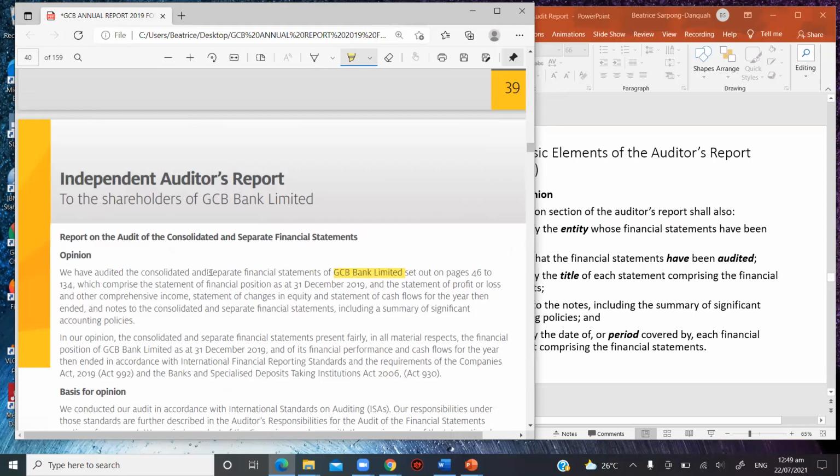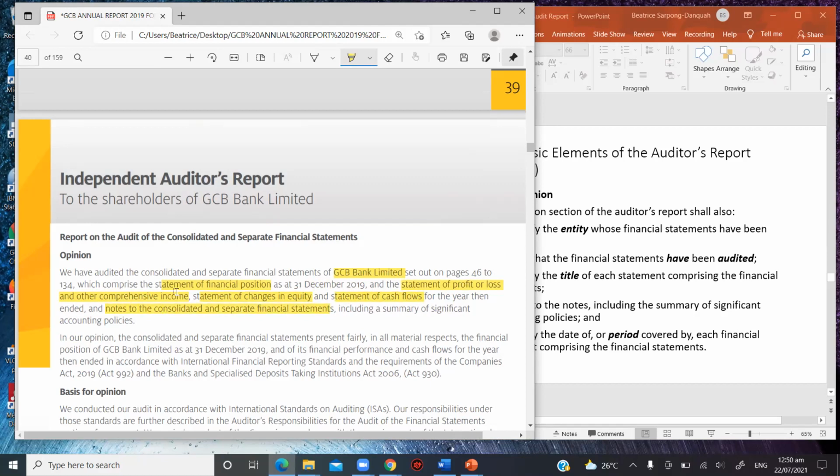So we have audited the consolidated and separate financial statements of GCB Bank Limited set out on pages 46 to 134, which comprises the statement of financial position, the statement of profit or loss and other comprehensive income, the statement of changes in equity, statement of cash flows, and the notes to the consolidated and separate financial statements.